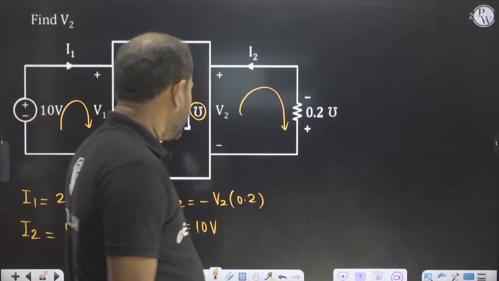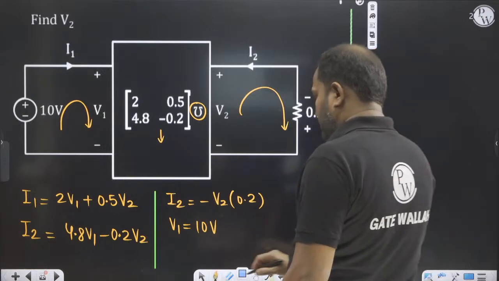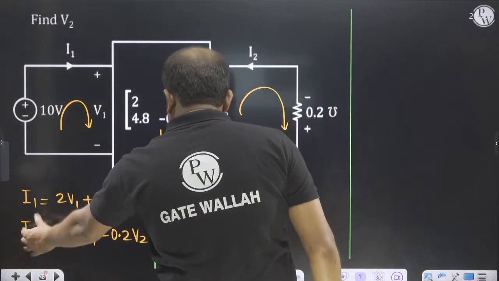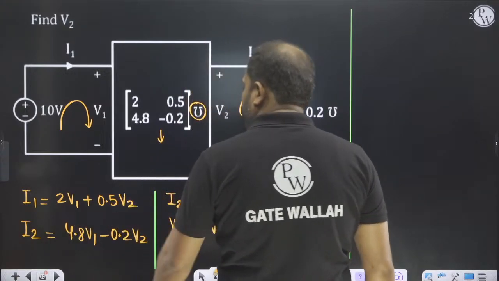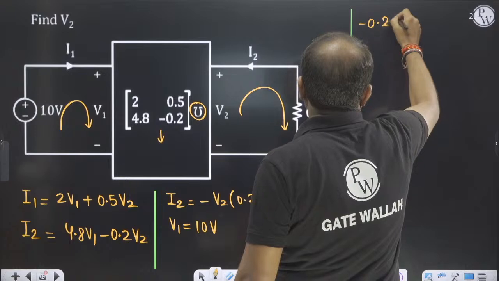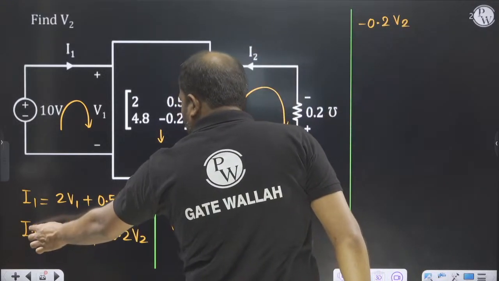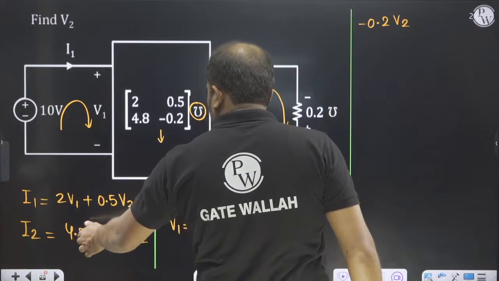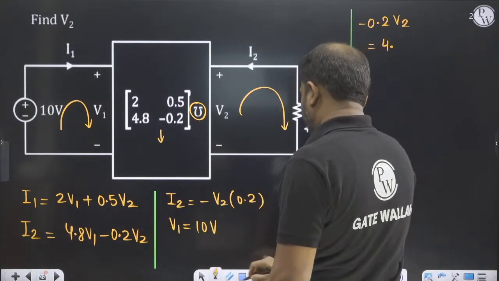So I will put, in place of V1, the value, so I2 is in terms of V2. V1 we know, V2 we don't know. So it will be minus 0.2 V2 in equation 2, with 4.8 V1.